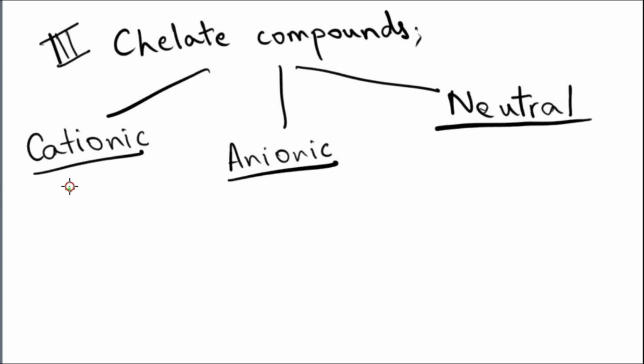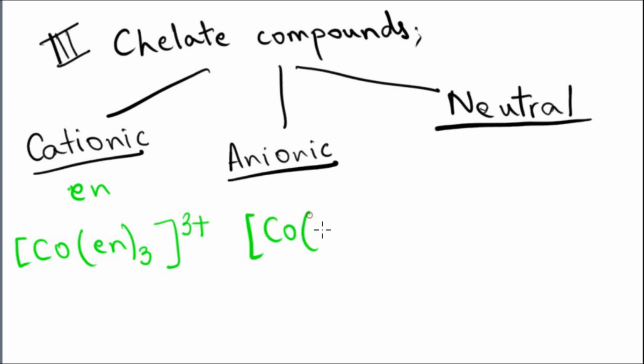For example, for cationic, you can have en, which is ethylene diamine. So you can have cobalt, which is +3, en, which is 0, it's neutral. So the charge of the whole complex is going to be +3, right? For anionic, you can have cobalt. Cobalt is a transition metal, so it doesn't necessarily have to have only +3. It can have a variable number. And you can have an oxalate ion, which is -2.